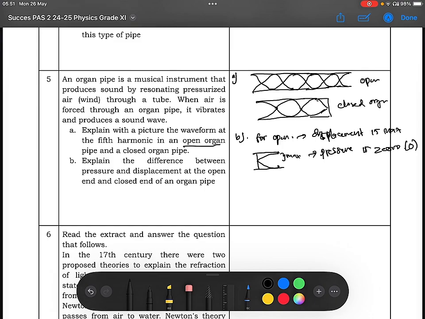And then for the closed end, for example in the second one, the displacement is 0 and the pressure is maximum.